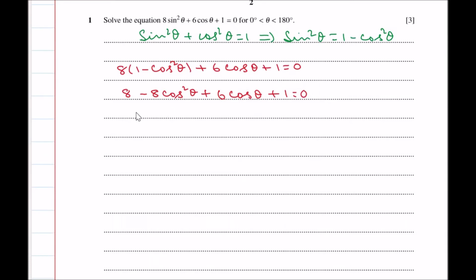Now let us combine the like terms. So we get minus 8 cos square theta plus 6 cos theta plus 9 equal to 0.